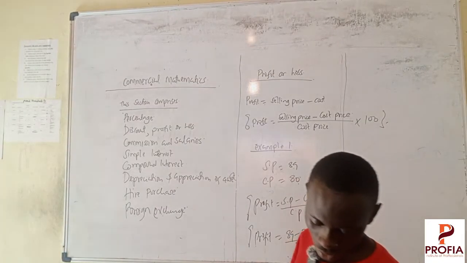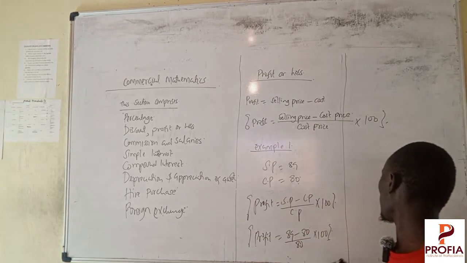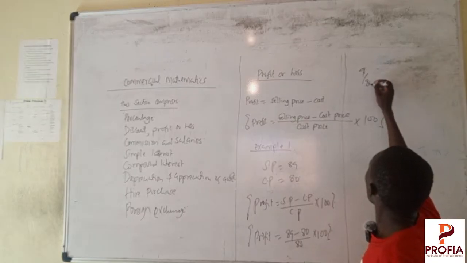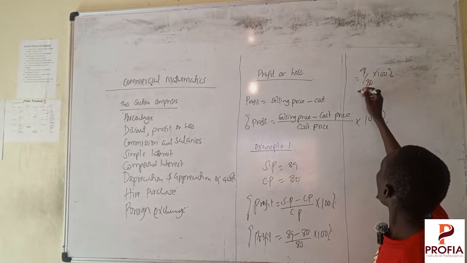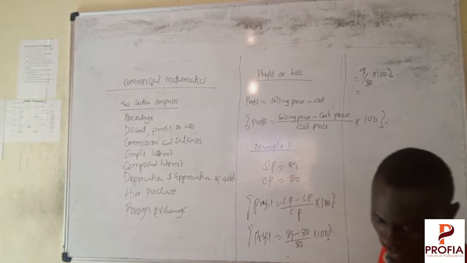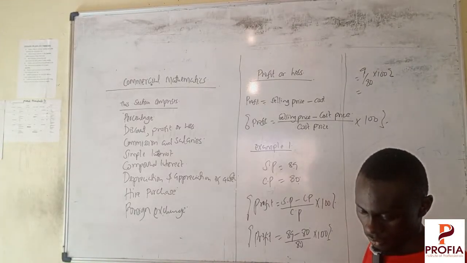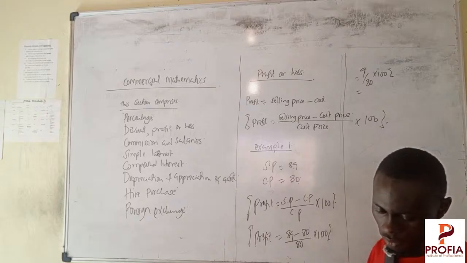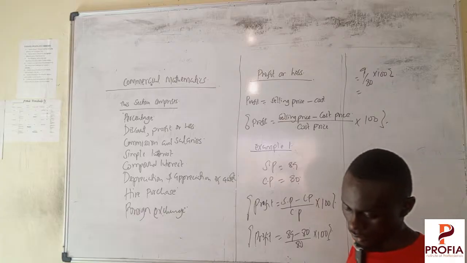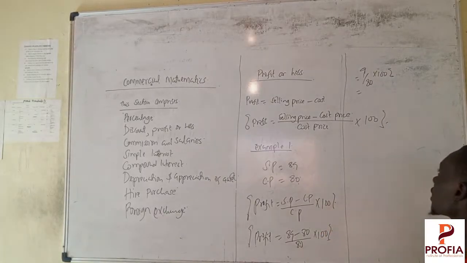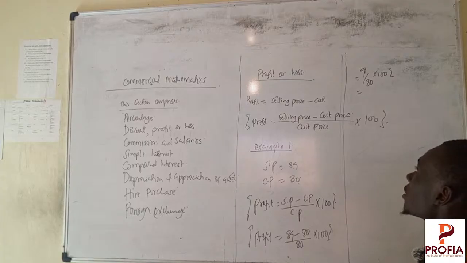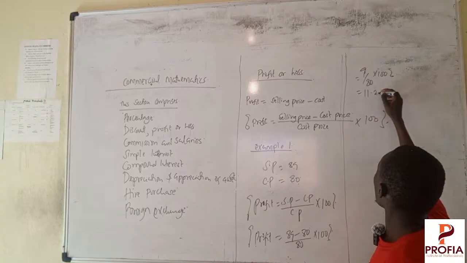What's the answer? This is 9 over 80 times 100%, what is the percentage? Yes, 11.25%.